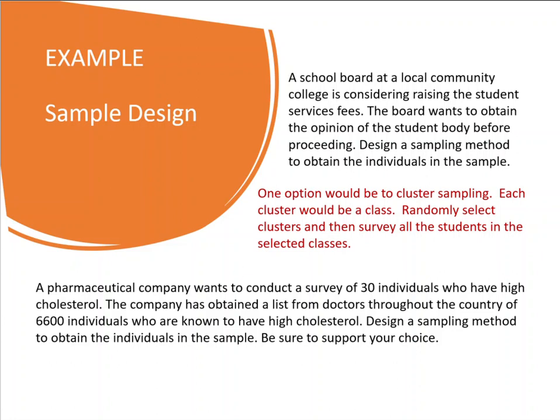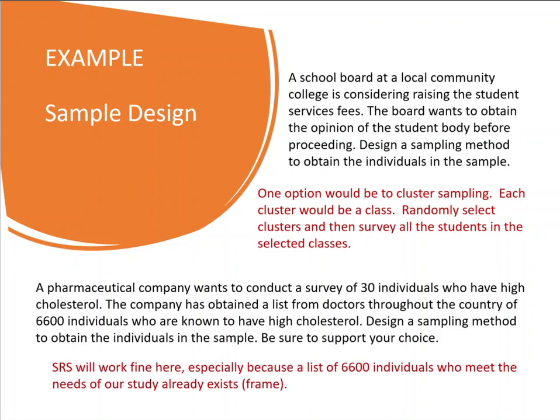What if I just wanted this to be some sort of simple random sampling? I have 6,600 individuals, and I need to pick however many they need for this survey of 30 individuals. So they're looking for 30 people out of the 6,600.